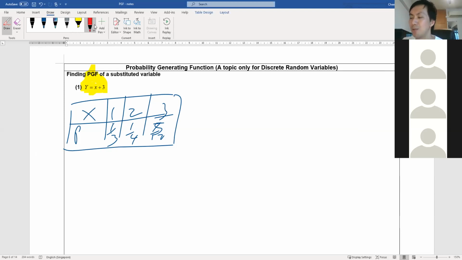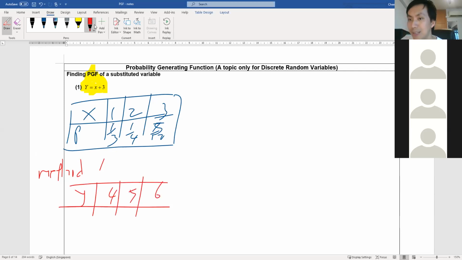A technique that you can use is to construct the probability table for Y. You will create Y is 4, 5, 6. And take note that there's no change in the probability, because for Y to be 4, X is 1. For Y to be 5, X is 2. So you will still have 1/3, 1/4, 5/12.